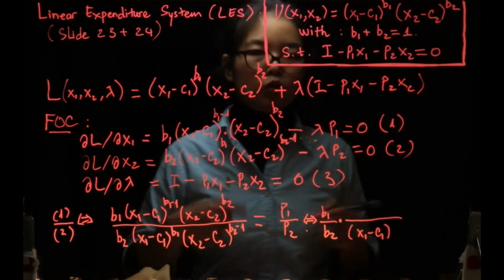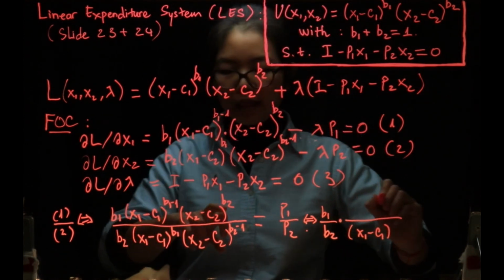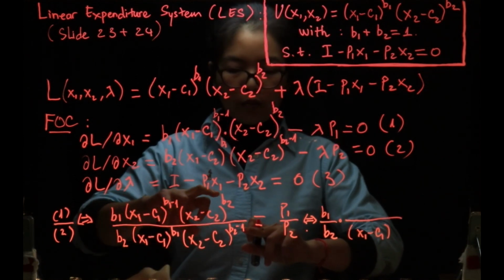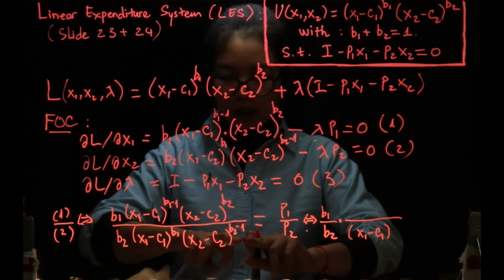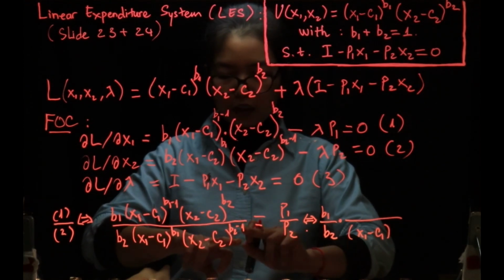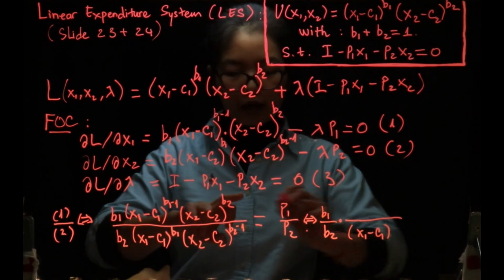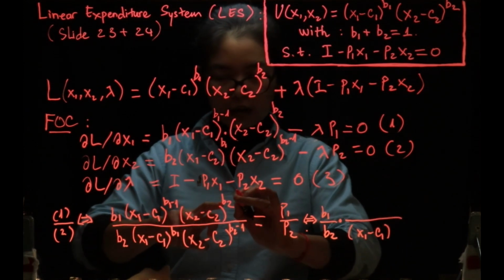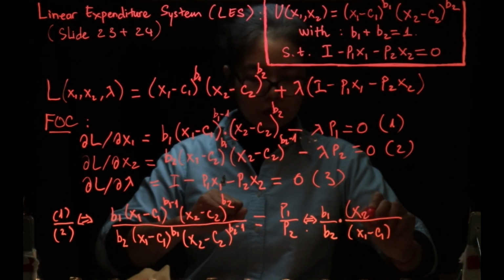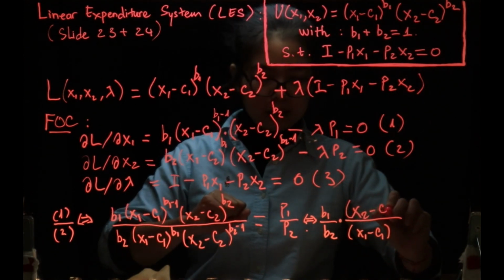And then with x2 minus c2, above you have b2, in the denominator you have b2 minus 1, so 1 is left on the numerator: x2 minus c2.